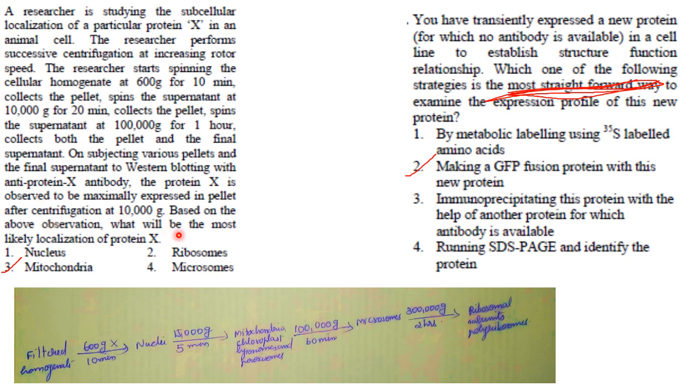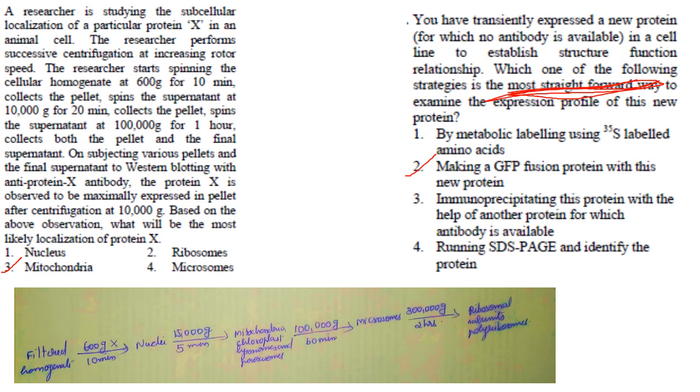Based on the above observation, what will be the most likely localization of protein X? At the second step, it is mitochondria that is getting separated. They have already told it is animal cells, so chloroplast cannot be taken into consideration. So it is mitochondria where protein X is located. So answer is option 3.